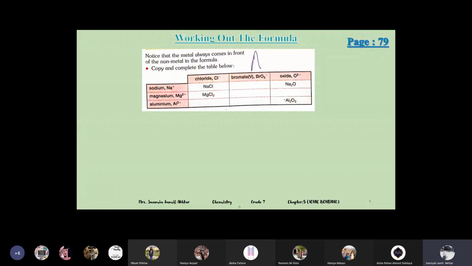Negatively charged ions, they are something from A, and positively charged ions something from C. Think. No one knows? Okay, the negative ions, I'll tell you. The negatively charged ions are known as anions.